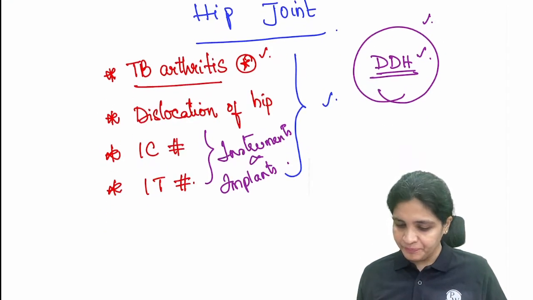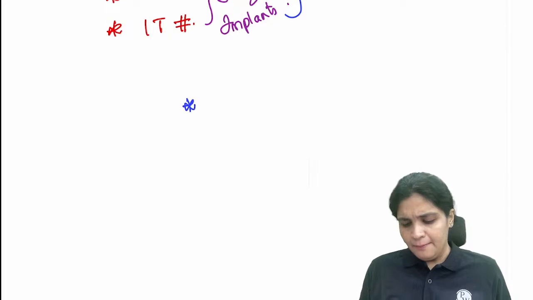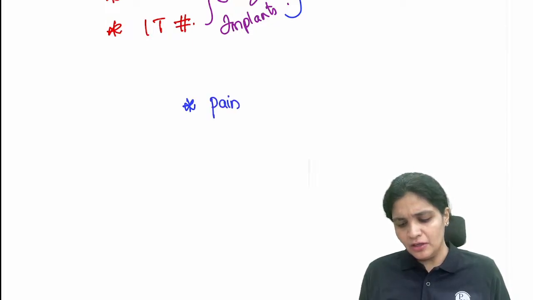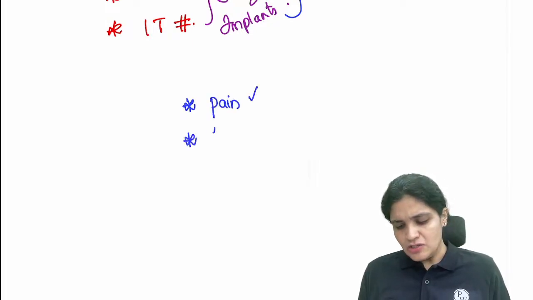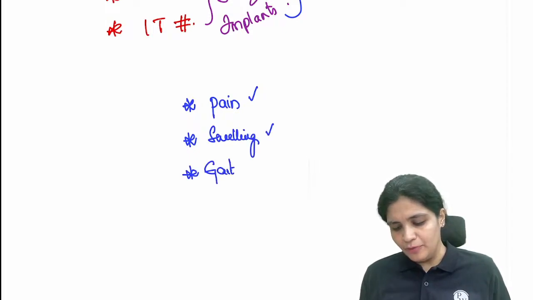Now, as I've told you, a hip joint patient usually comes with pain and swelling. These are again the general things. Here they might come with gait abnormalities also, and restricted movements.